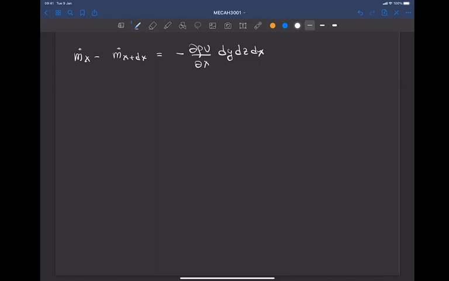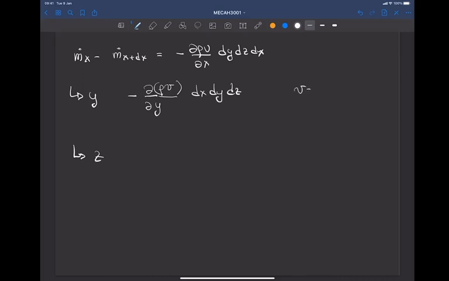Okay, very good. So you understand that we can do the same in the directions y and z. For the direction y, what we will obtain is minus the derivative with respect to y of rho v, dx dy dz.